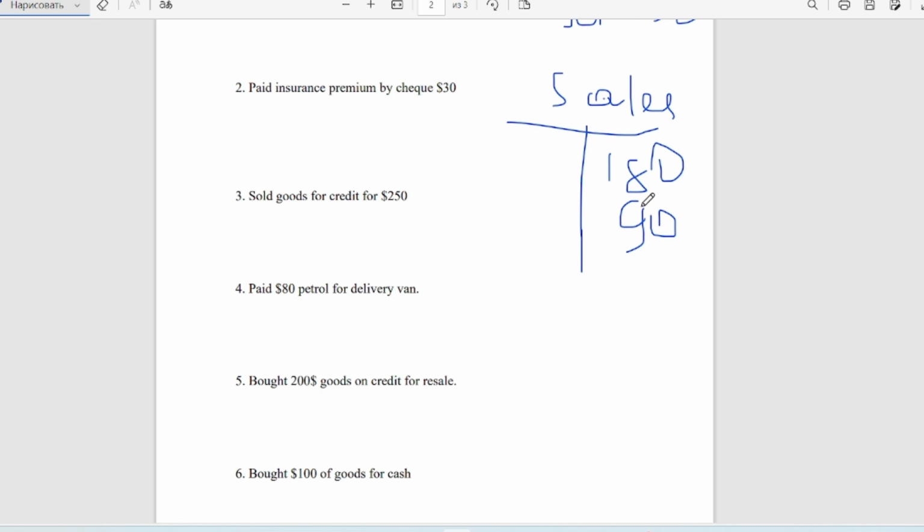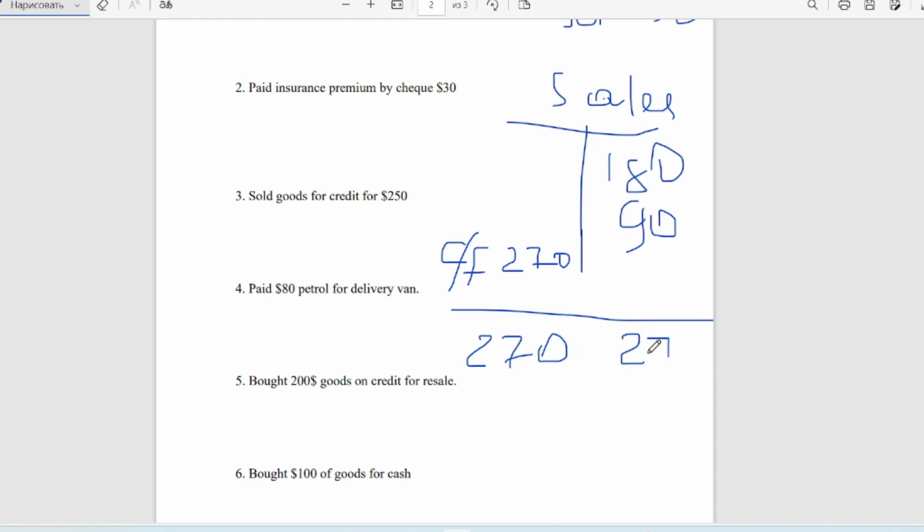So that would be 270 as closing balance, which means carried forward we have to write 270. And overall would be 270, 270.